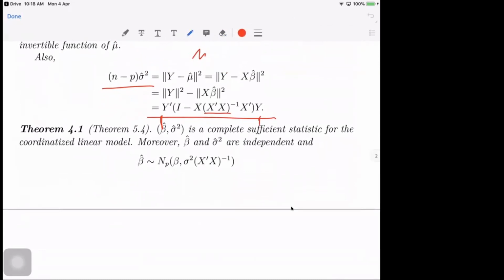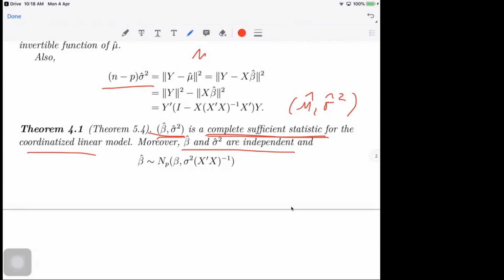So this theorem is talking about the equivalent version of a complete sufficient statistic. Previously, we said mu hat and sigma hat square. Now it is beta hat and sigma hat square as a complete sufficient statistic for the coordinatized version of the linear model, and it is also telling you the same thing as these were independent previously.